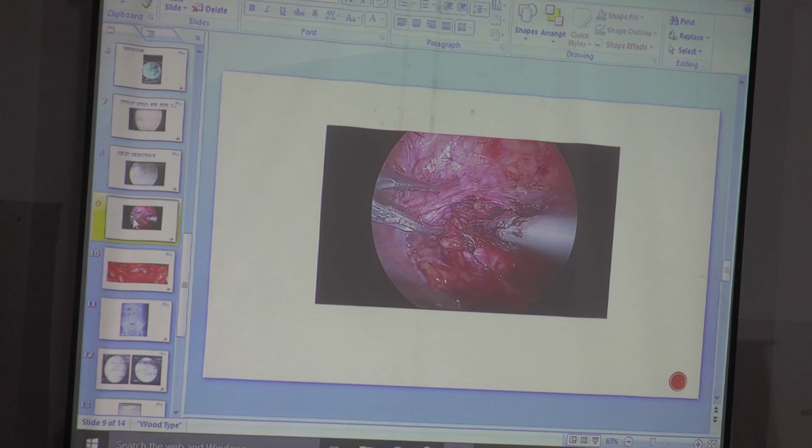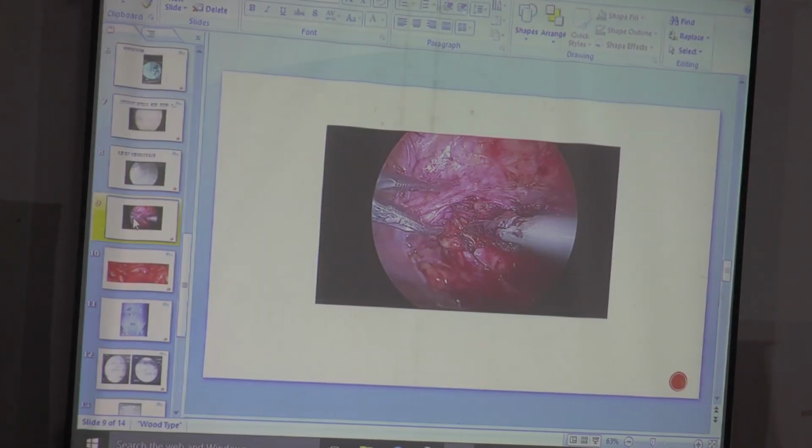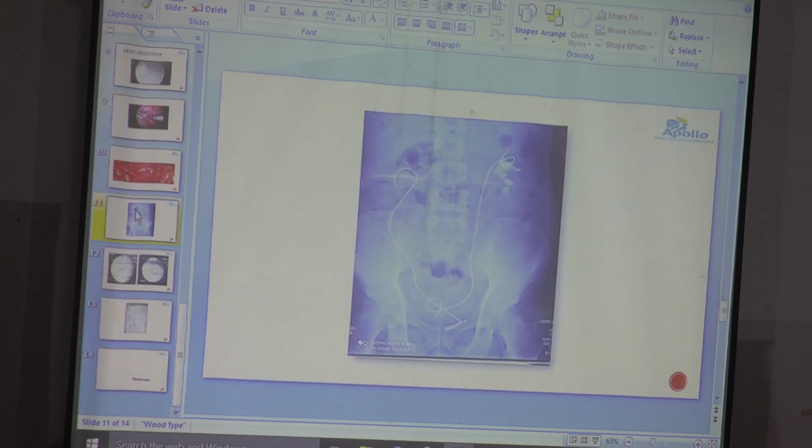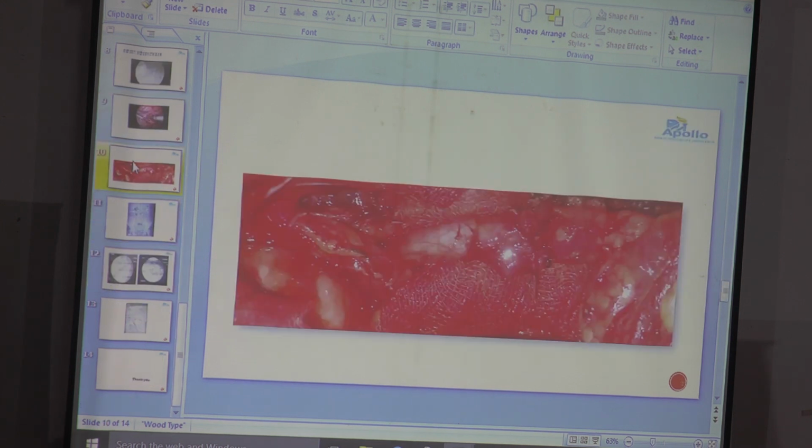There was an epithelialized tract which was communicating the ureter with the parietal wall. The tract was excised and a little amount of pus also came out from the tract, and the ureter was mobilized and a spatulated tension-free end-to-end anastomosis was done over a guide wire. This is a final picture of the end-to-end ureterostomy.